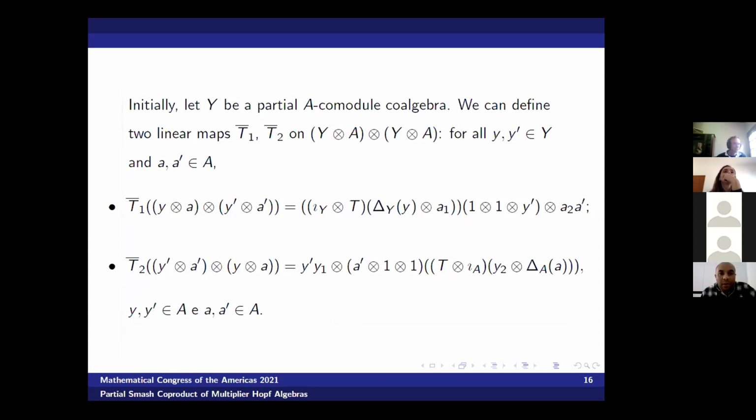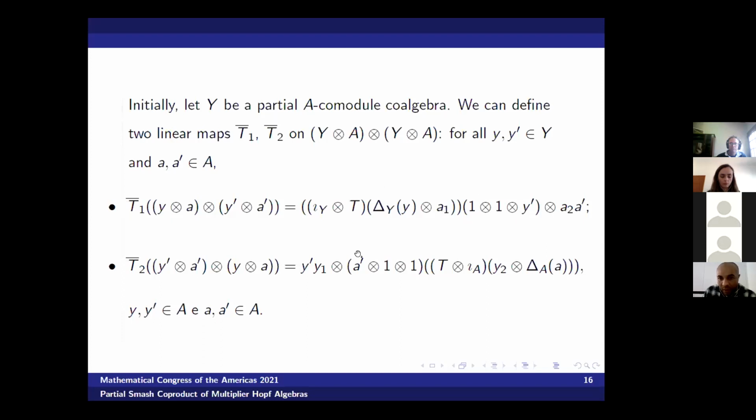Our goal is to construct the coproduct, this multiplier coproduct in this context. So using the ideas by Lydia in the global, we define these two maps. Here, again, we have to think of these expressions like extensions.